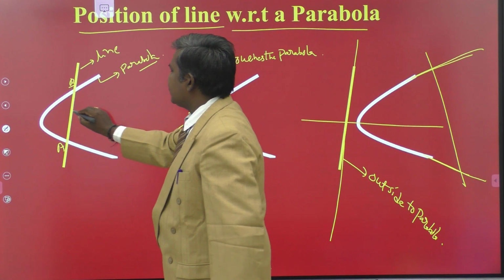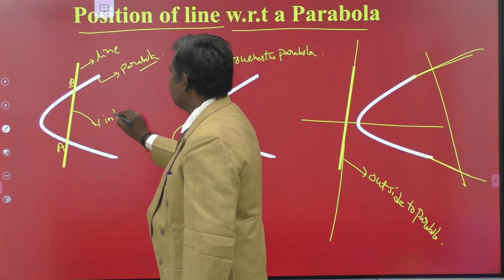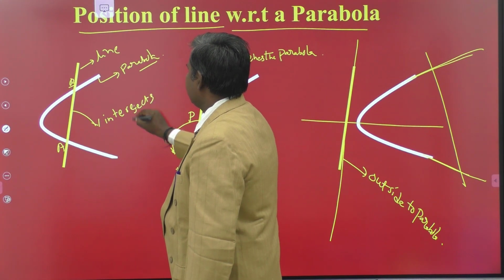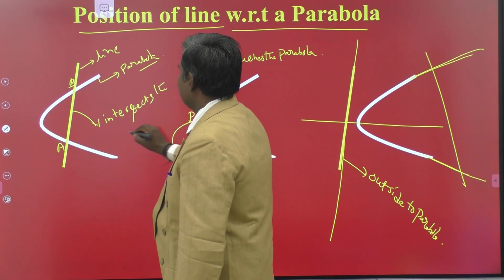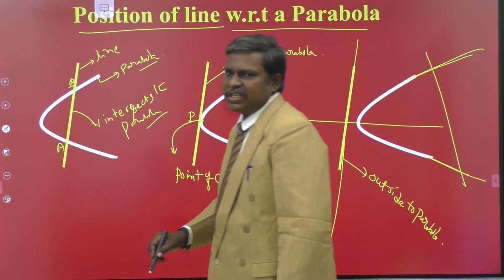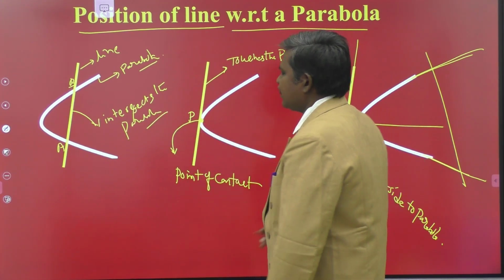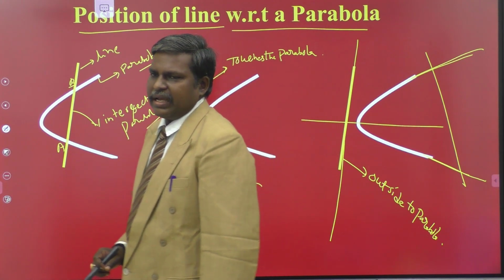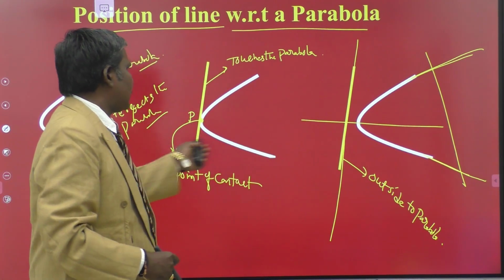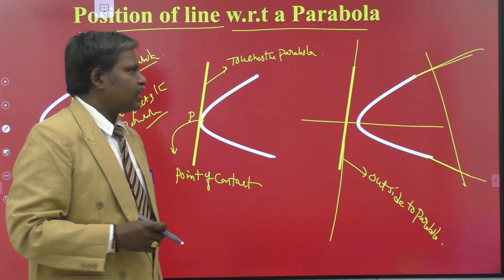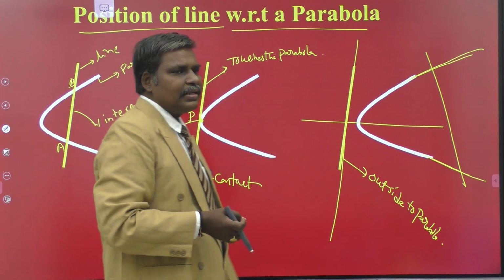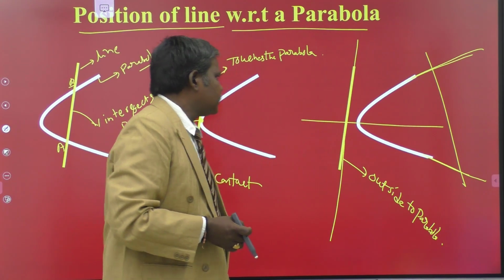This line intersects the parabola. So these are the three cases: the line intersects, touches, or is completely outside. Is there any other case? No, there is no other case for the position of the line and parabola in the same plane. Understand?